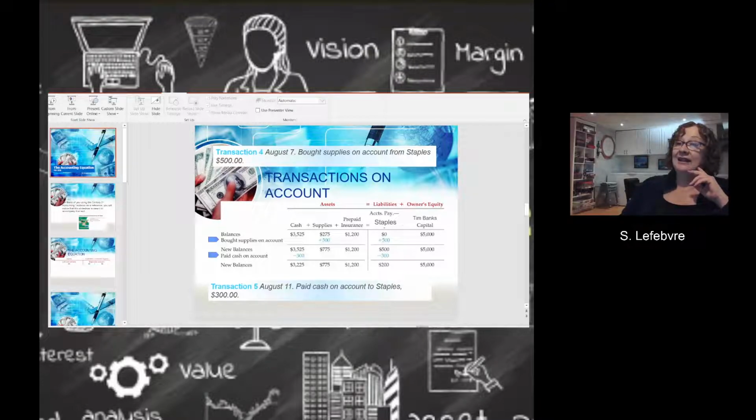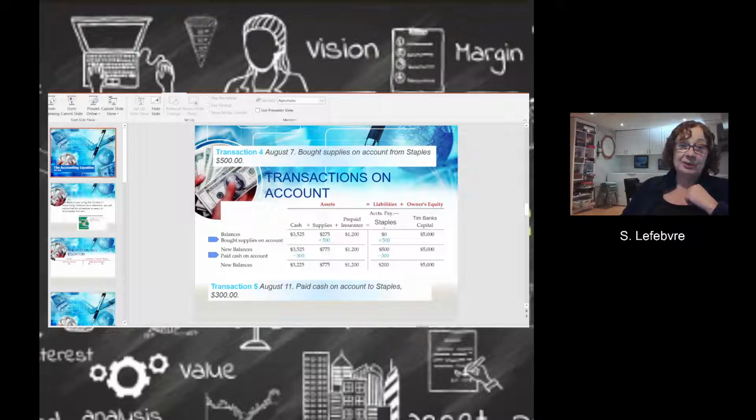Okay, and then let's look at this fifth transaction. So on August 11th, we paid cash on account to Staples. So we're paying our Staples bill, our liability. So we can see that is going down. We owed them 500. We're going to pay 300 on there.